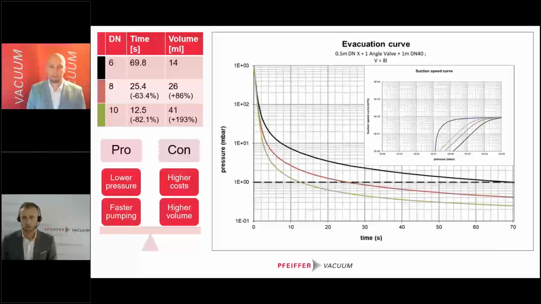So it might be of advantage for you to consider a higher diameter to make your overall leak detection process shorter, which might counterbalance the slightly higher cost due to more throughput. And also what you can see here again, and which is one of the reasons to avoid the helium contamination, is the lower end pressure you can reach in the same time.